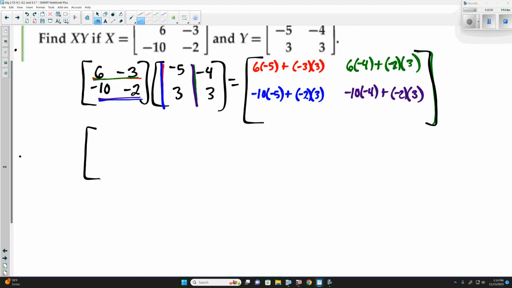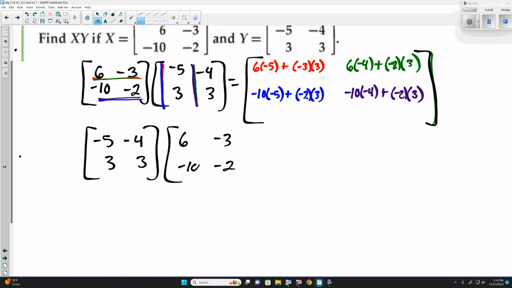If we flip it, with negative 5, negative 4, 3, 3, and 6, negative 3, negative 10, and we do the first one over down, well, we have negative 5 times 6 plus negative 4 times negative 10.